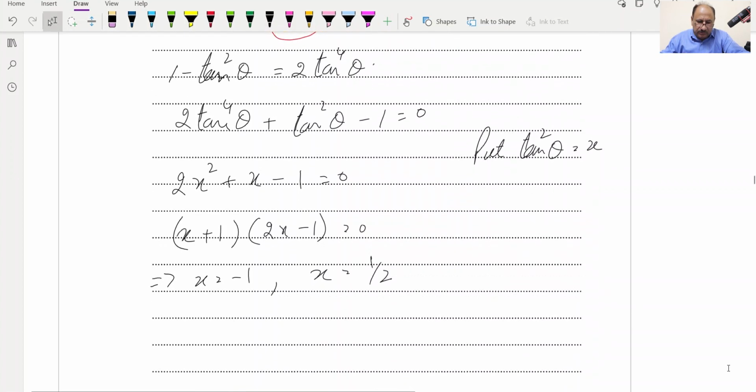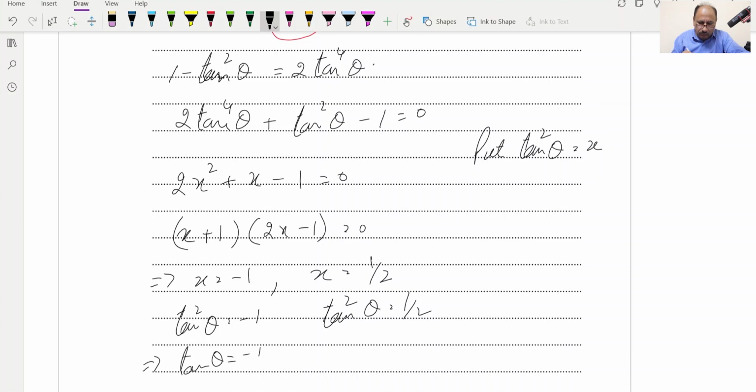Now we can check what x is. x is tan squared theta, so we can write tan squared theta is equal to minus 1 and tan squared theta is equal to 1 by 2. So this implies tan theta is equal to plus minus the square root of minus 1.